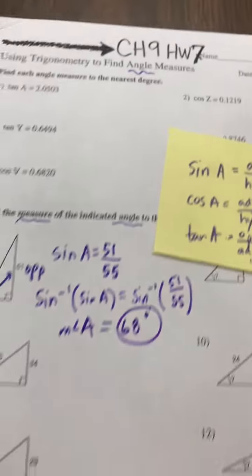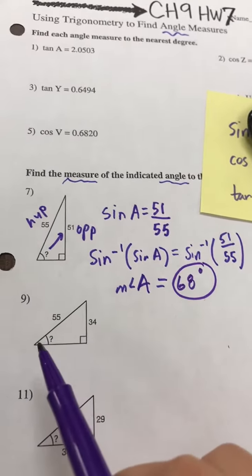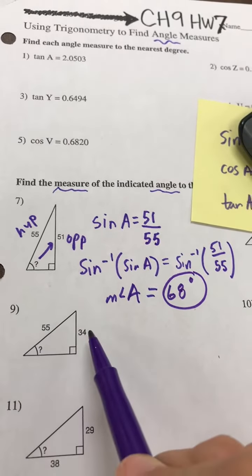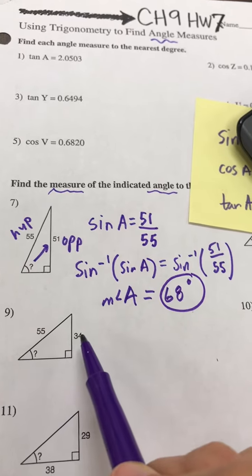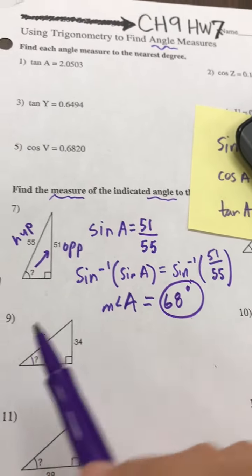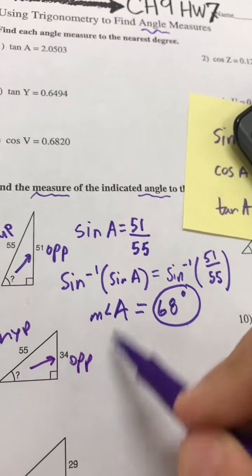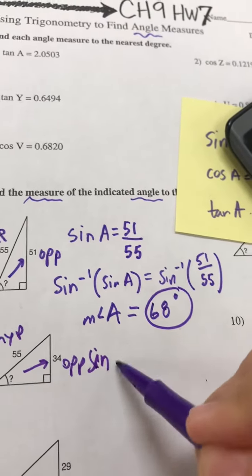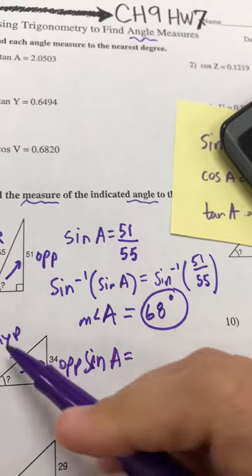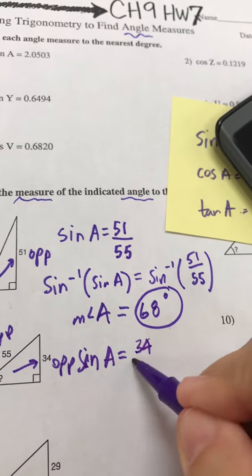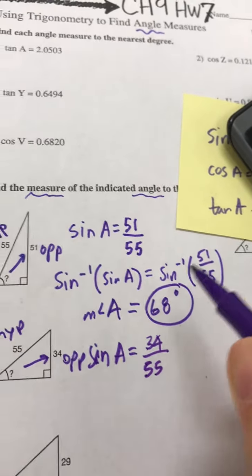There we go. Beautiful. Okay, let's do another one. The measure of an angle is equal to, let's see, 34 over 55. So once again, I have opposite and hypotenuse, so I'm going to pick sine again. So sine of an angle is opposite over hypotenuse. So sine of an angle is 34 over 55.